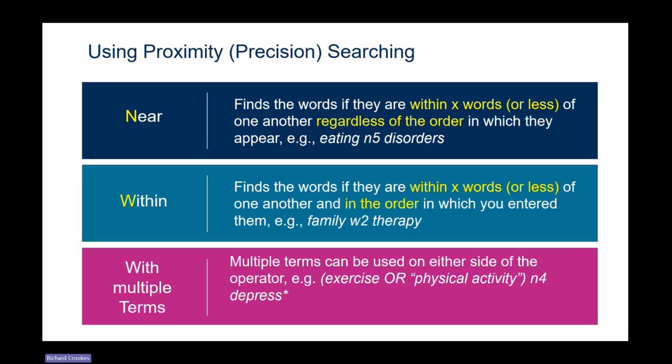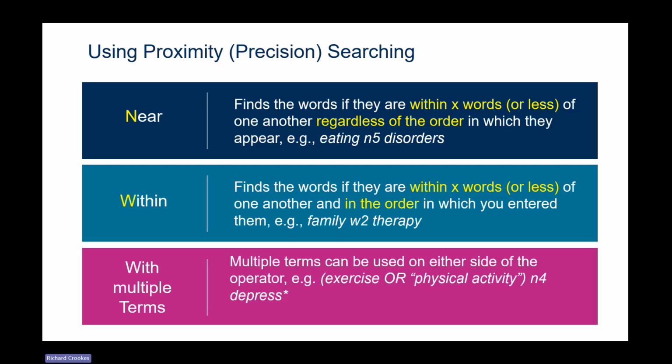Within finds words if they are within a specified word range or less of one another. So it's the order in which you enter your terms. So using family therapy, when you see family W2 therapy, it means the word family within 2 words or less of therapy, but not therapy within 2 words or less of family. Multiple terms can be used on either side of the operator.